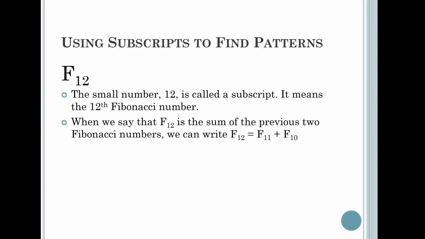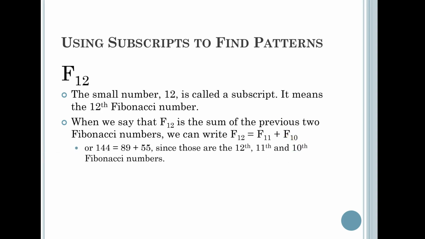We say F12 is the sum of the previous two numbers. That's F12 equals F11 plus F10, the 11th Fibonacci number plus the 10th Fibonacci number. In other words, 144 is 89 plus 55, since those are the 12th, 11th, and 10th Fibonacci numbers.